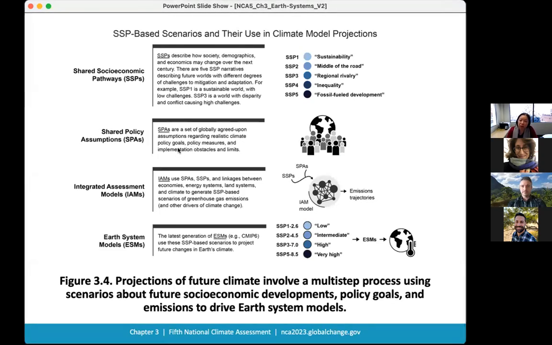And after these socioeconomic scenarios are developed, they are used in integrated assessment models, which are models that connect the economics, the energy systems, land systems, and also climate to generate these SSP-based scenarios of greenhouse gas emissions as well as land use, land cover change. And then finally, having these scenarios developed by integrated assessment models, scientists use Earth system models that allow us to then project how climate will be changing in the future.